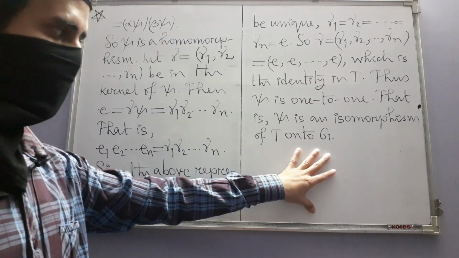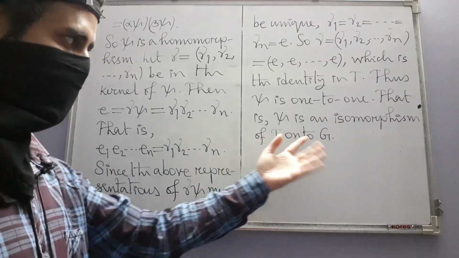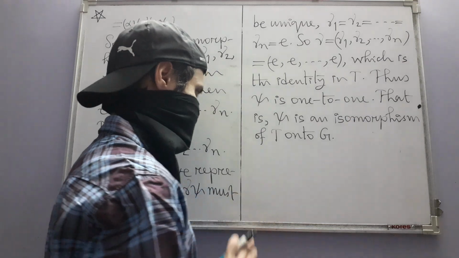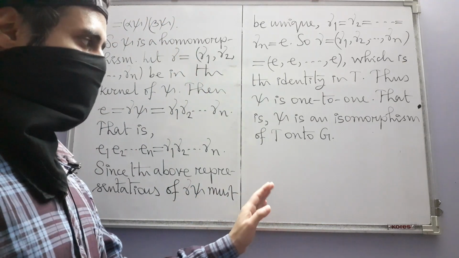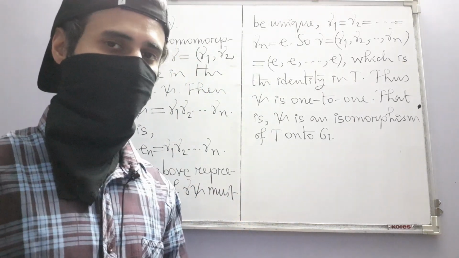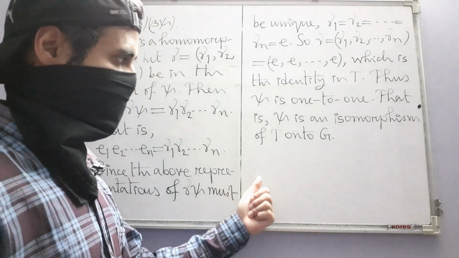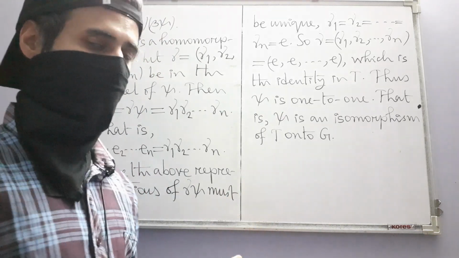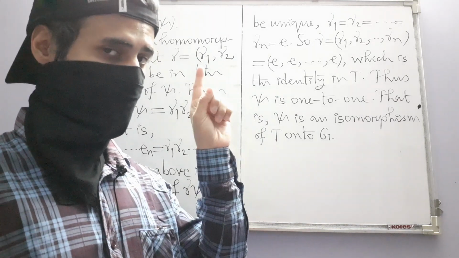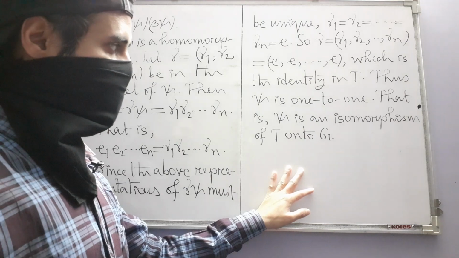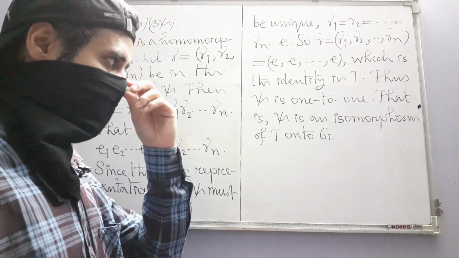One can see one thing from this fact that T and G are isomorphic, that if G turns out to be isomorphic to the external direct product of some groups G1, G2 up to Gn, then G is also equal to the internal direct product of those subgroups G1 bar, G2 bar, and so on. Okay, so that fact we have.